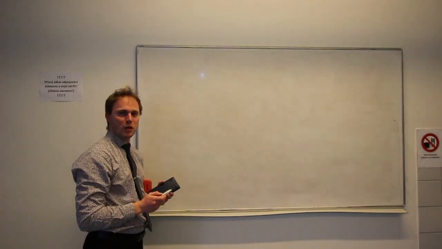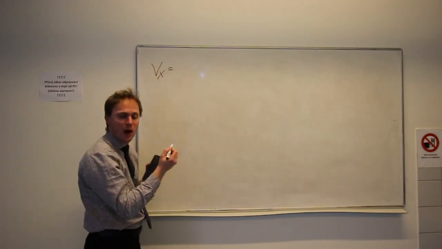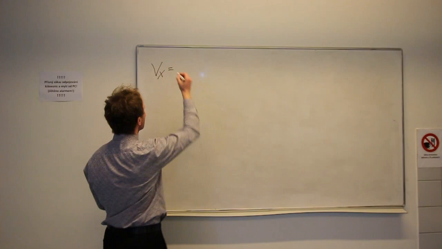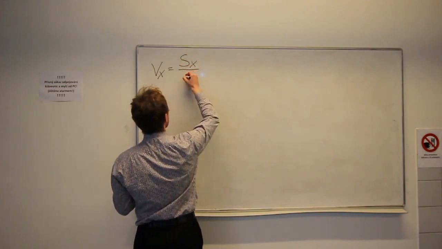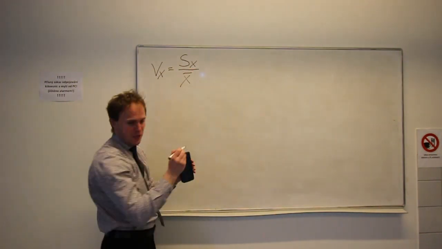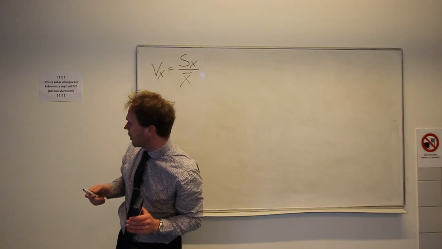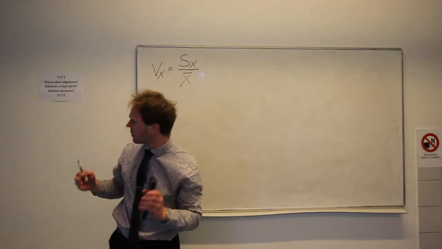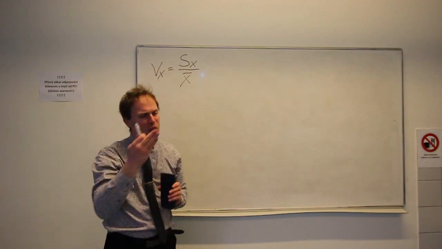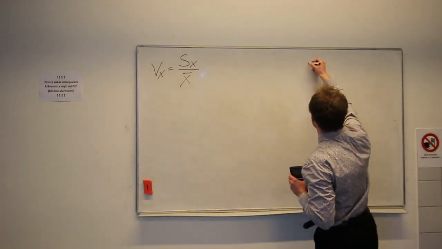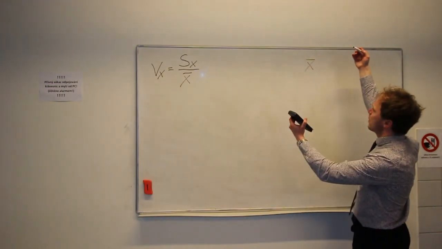It's very important to know how we calculate the variation coefficient. We know that it is calculated as a ratio of standard deviation and arithmetic mean. What happens if the arithmetic mean x with a stripe increases by 1/10?